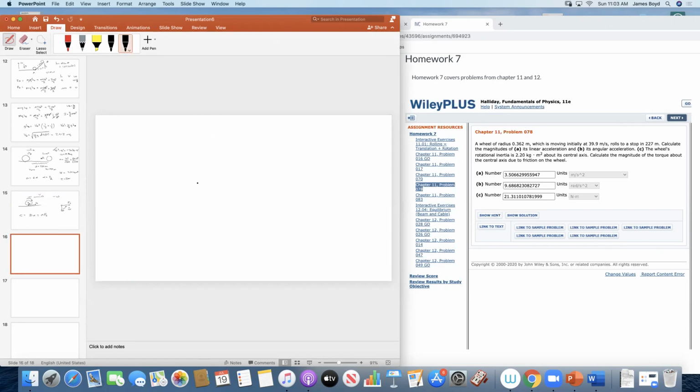A better way to see it is, imagine we stood on the other side of this rolling wheel. And so now it's rolling with positive omega, and it's traveling with positive v, and we're assuming that this is the positive direction. So now we see that the force of friction is going to work against the wheel, because as the wheel swings in, the force of friction is trying to stop it.